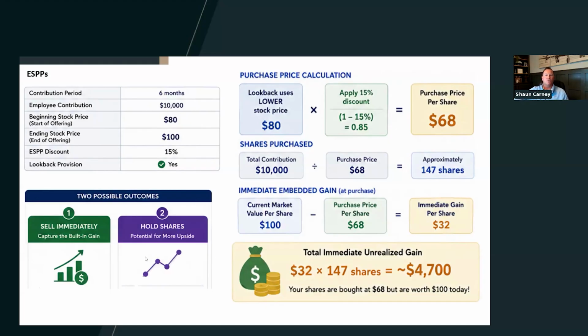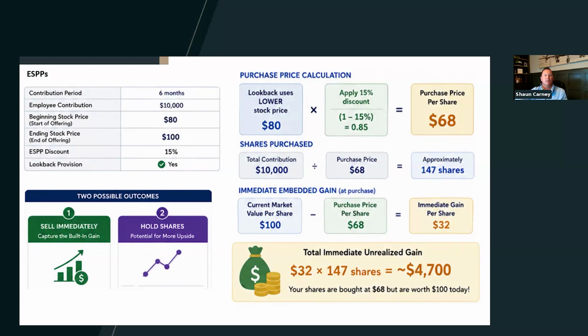Or do I hold on to it and get into the 2 years from when it was offered or 1 year from when I actually received the shares? If I meet those, then I get a favorable tax treatment of long-term capital gains, and that can become more valuable.